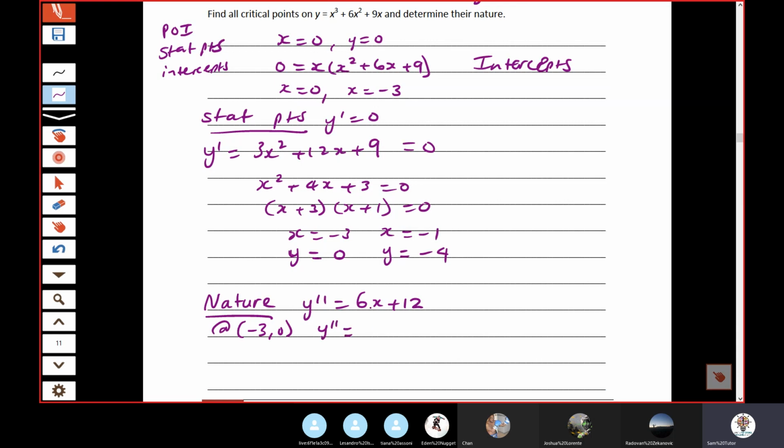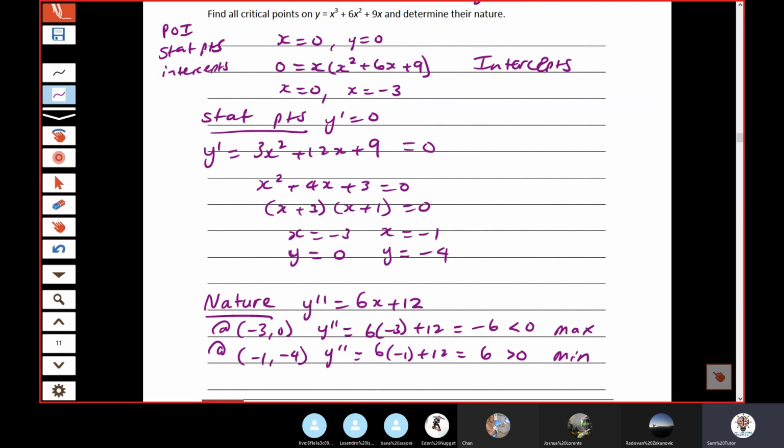What does y double dash equal? 6 times negative 3, which is negative 18, plus 12, which is less than 0. All you care about is concavity, so maximum. You don't really care about the number. You don't care if it's negative 50 million. The negative is what is important. At negative 1 and negative 4, 6 times negative 1 plus 12 becomes a positive, which is a minimum. Happy?